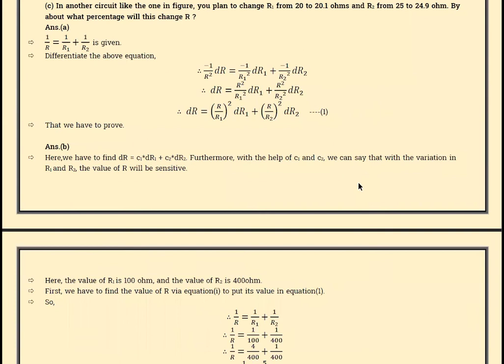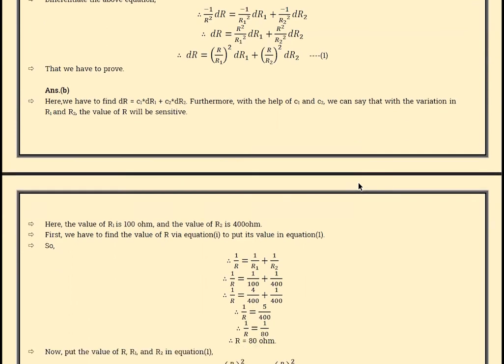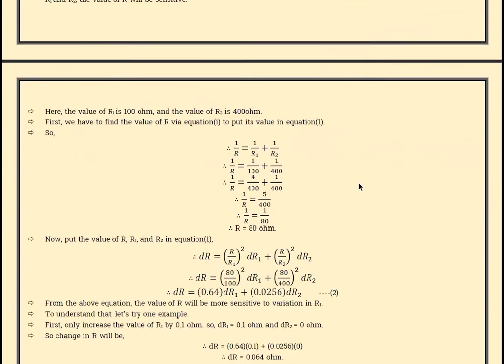For question B, we have to find dR equal to C1 into dR1 plus C2 into dR2. With the help of C1 and C2 we can say how sensitive the value of R is to variation in R1 and R2. Here the value of R1 is 100 ohm and the value of R2 is 400 ohm.